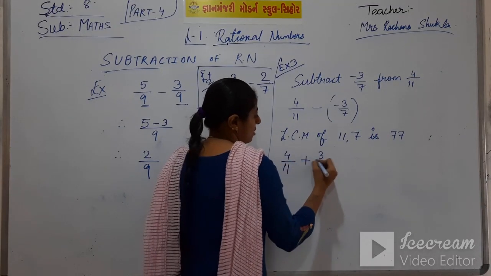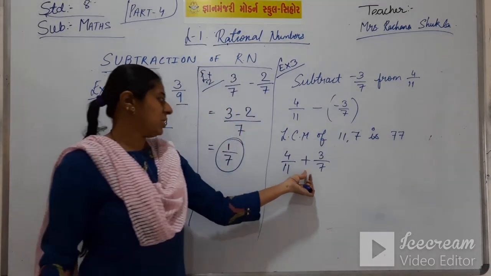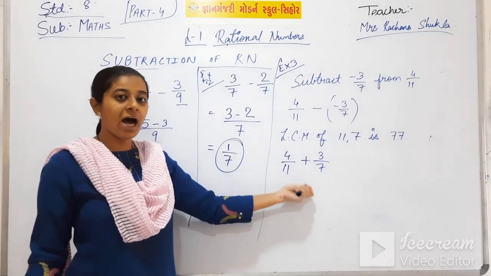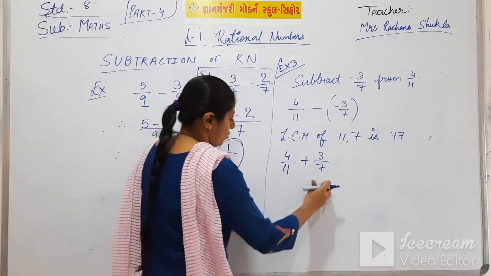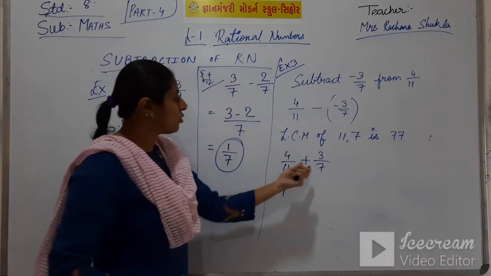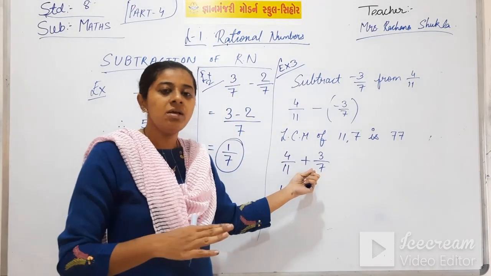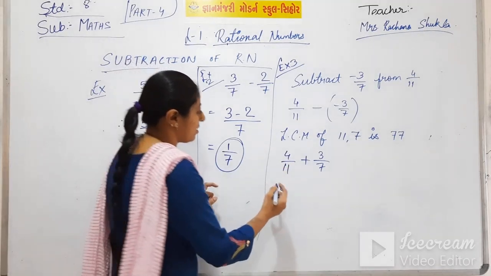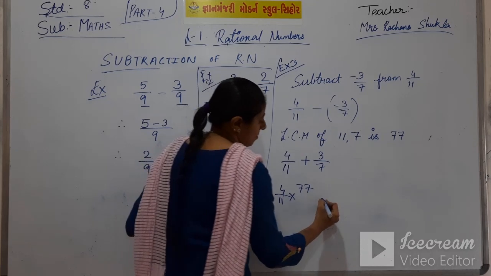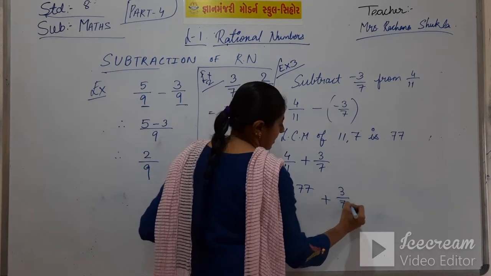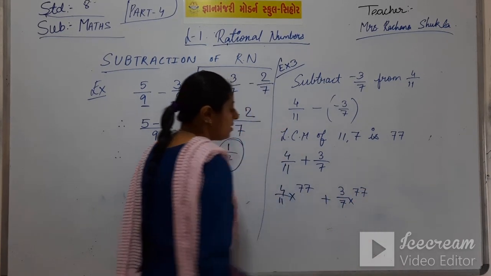4/11 plus 3/7. So here it becomes plus. How plus? Minus minus is plus. Now, this sum you have already studied in part 3 session. I repeat once again, 4/11 into 77 plus 3/7 into 77.